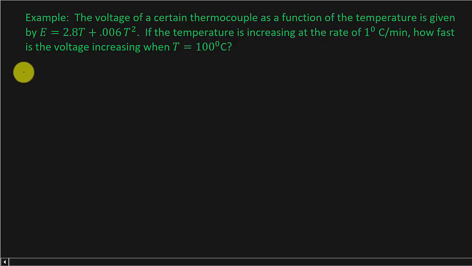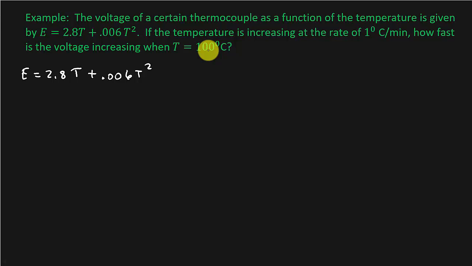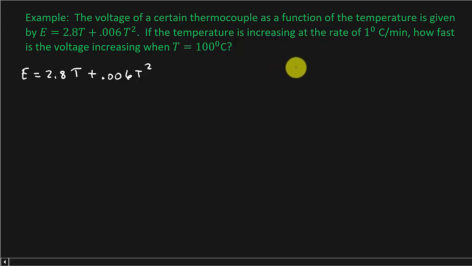Let's just write this down. E is equal to 2.8T plus 0.006T squared. If the temperature is increasing at the rate of 1 degree Celsius per minute, that's the change in temperature, so that tells us that dT/dt is equal to 1.